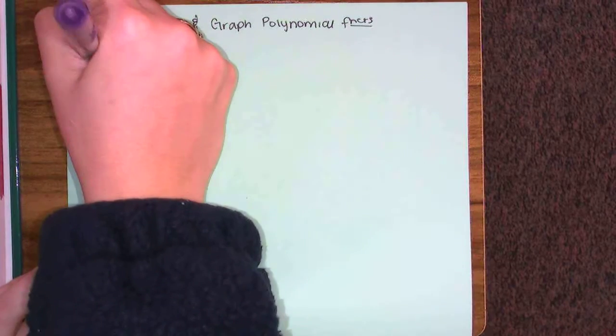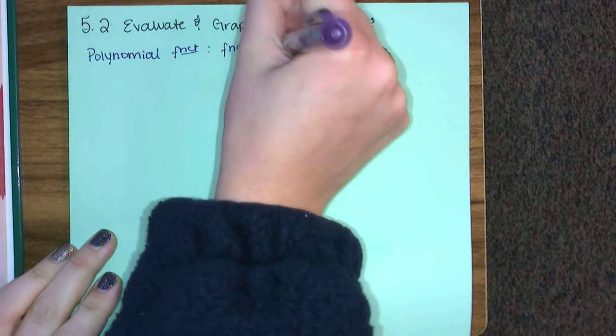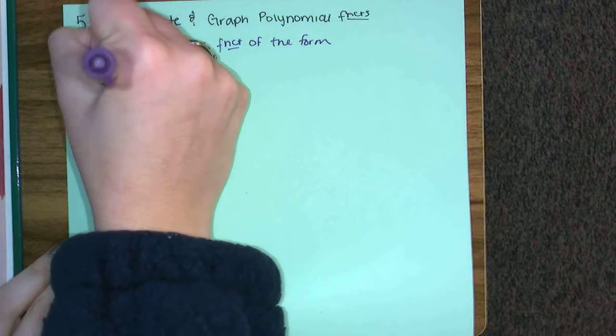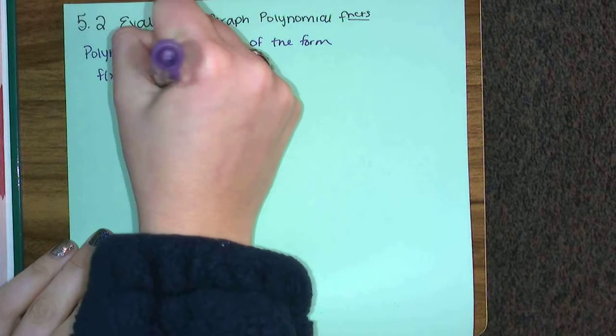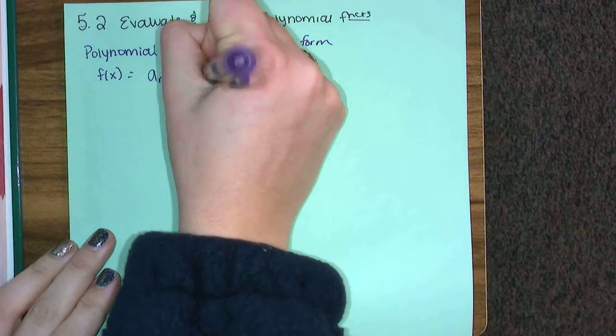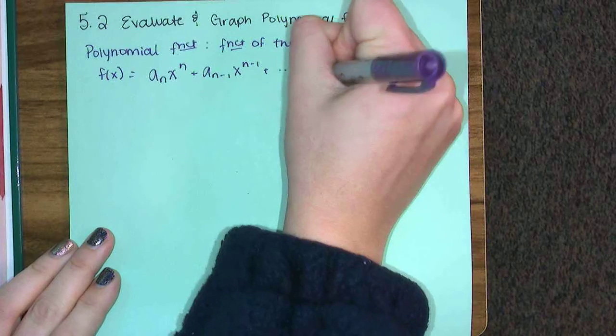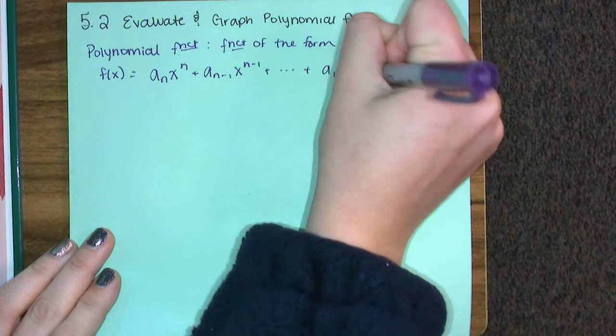But a polynomial function is a function of the form f of x is equal to a sub n x to the n plus a sub n minus 1 x to the n minus 1 plus dot dot dot plus a sub 1 x plus a sub 0.